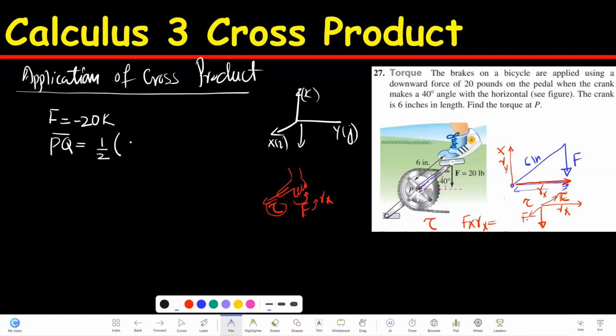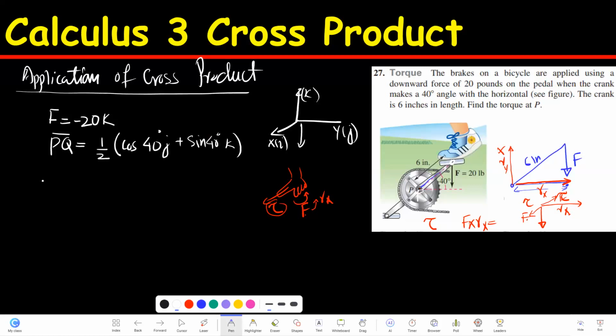So I divide by 2 to convert the inches into feet. Then cos 40 degrees J plus sine 40 degrees K. Yeah, both should be positive. I just divide that down.